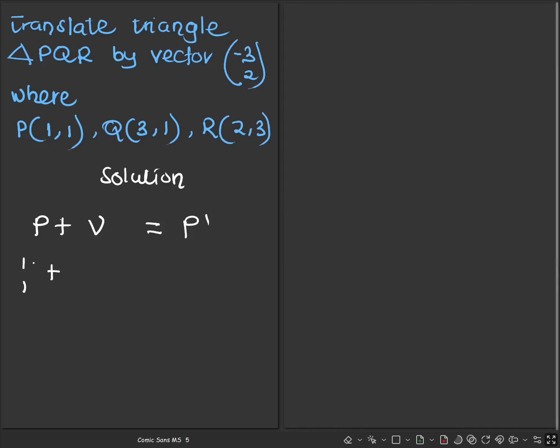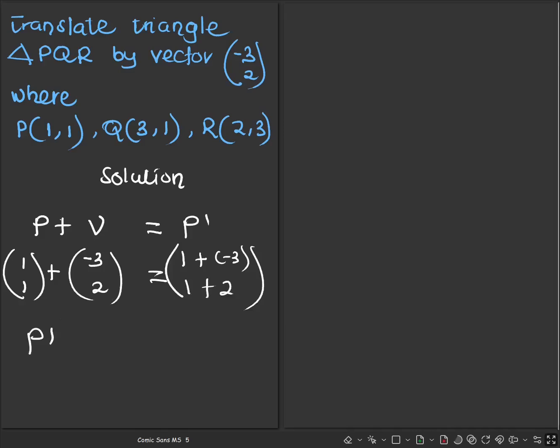Then we are adding it to that of the translation vector, which is -3, 2. We are going to get a 1 plus -3 and then a 1 plus 2. So it simply means our P prime is going to give us what? 1 plus -3 gives us a -2, and then 1 plus 2 gives us a 3.